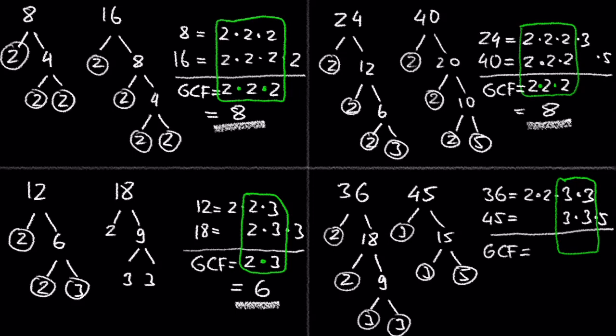The GCF of 36 and 45 is 3 times 3, which is 9. And we're done with this problem.